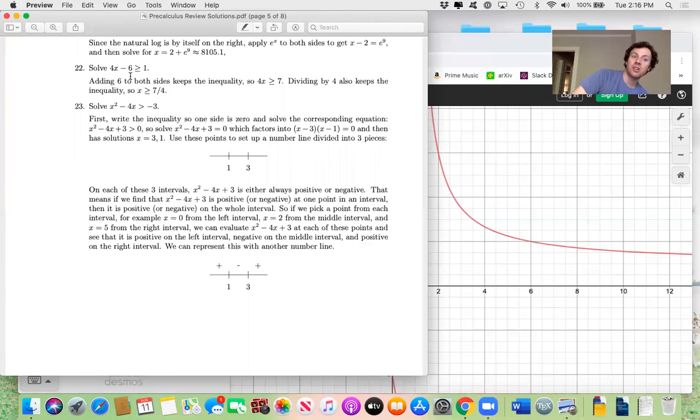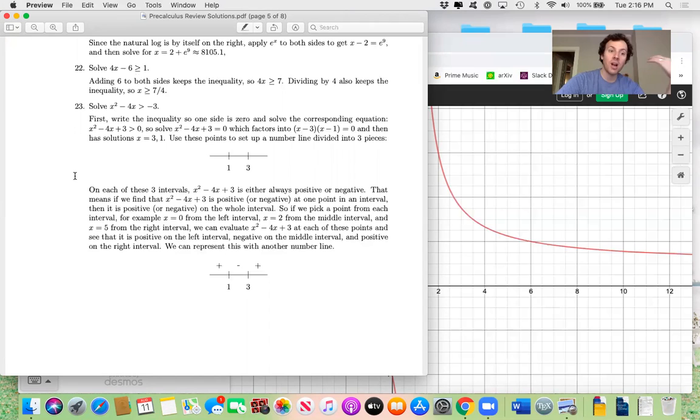So these linear inequalities, these inequalities that don't have higher powers of x, you can treat like an equation. The wrinkle that you have to watch out for is if you multiply or divide by a negative number, the inequality changes direction.